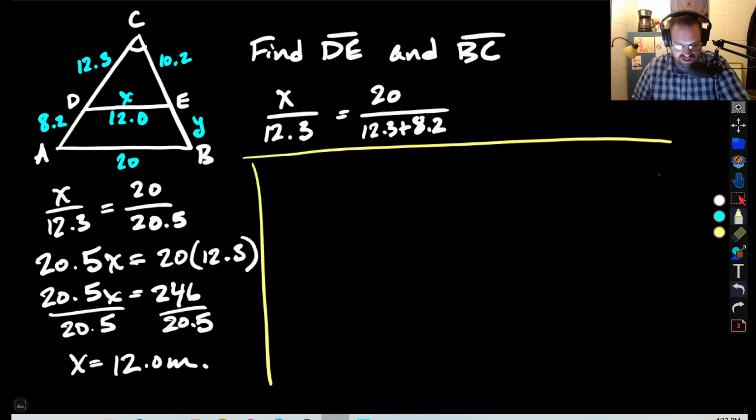So this other proportion that we have is going to be, let's see here. We've got to figure out the y. And so we're going to have to use the right-hand side. So what we can do is the small base to the small, I guess, upper part of the triangle, and then the large base to the whole thing.